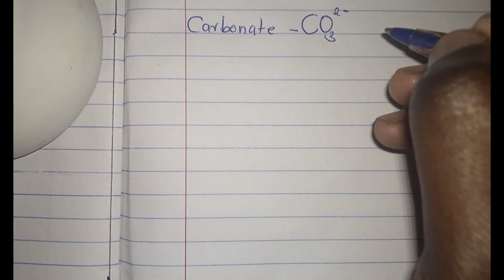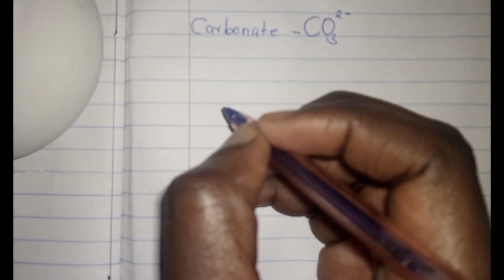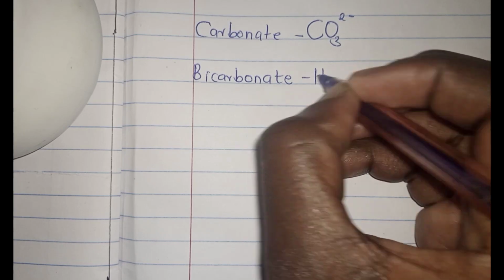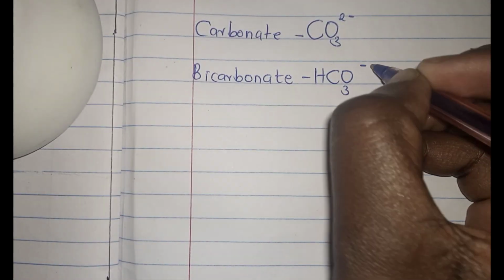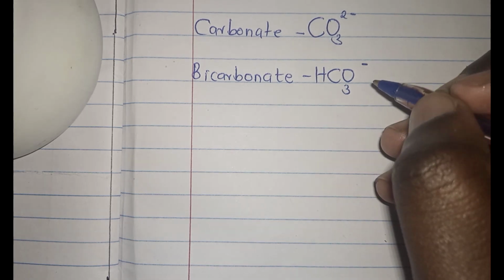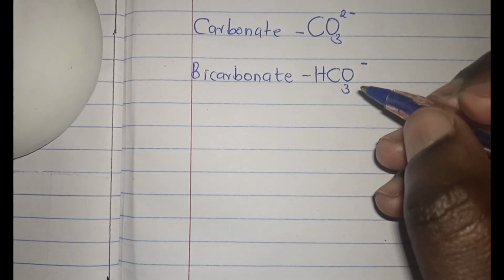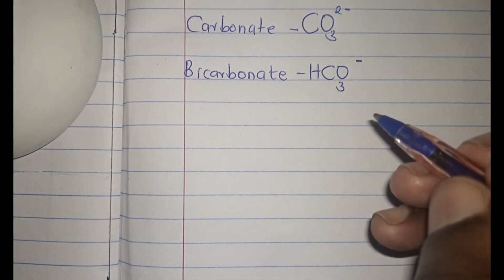We also have another radical, bicarbonate. Bicarbonate is also a radical, and it's written with a negative charge. So we have a difference between a carbonate and a bicarbonate.